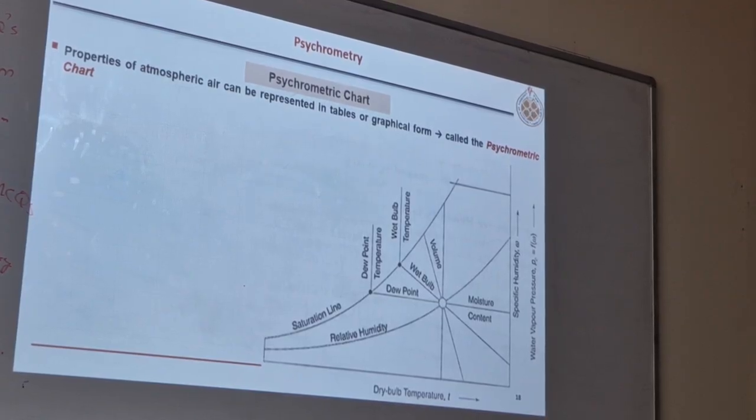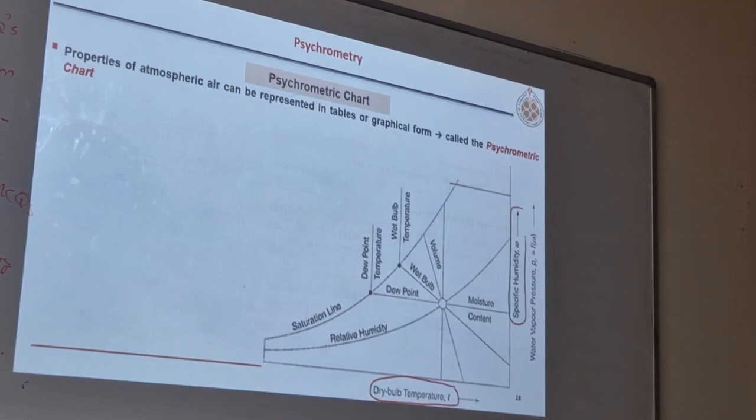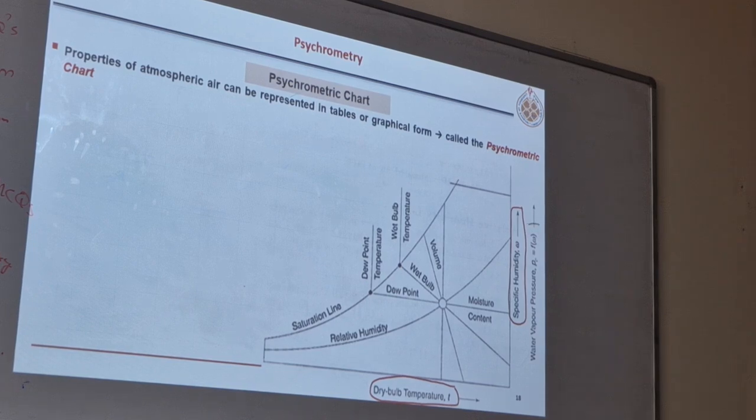Because now on this chart, the x-axis is representing dry bulb temperature, the y-axis is representing specific humidity. And in some cases, you will see a second y-axis showing vapor pressure, only water vapor pressure.